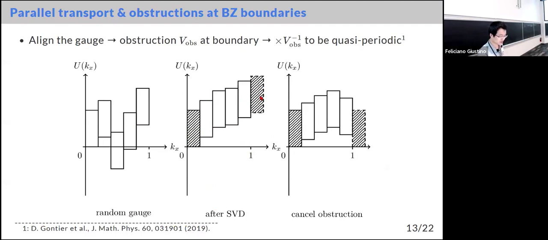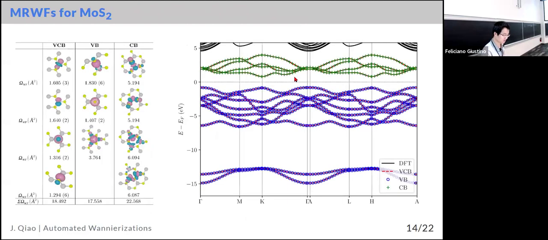So this shaded area should be the same as the first k point. So we have to find some method to move it back, and now it's both continuous and periodic. There are some mathematical tricks to remove this so-called topological obstruction, but we won't go into detail further. It's just an algorithm which can fix the continuity of the system.